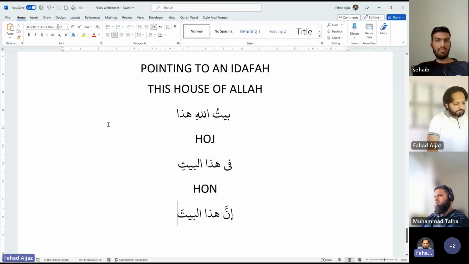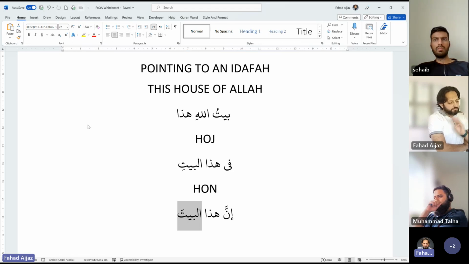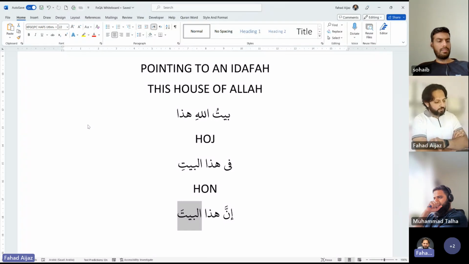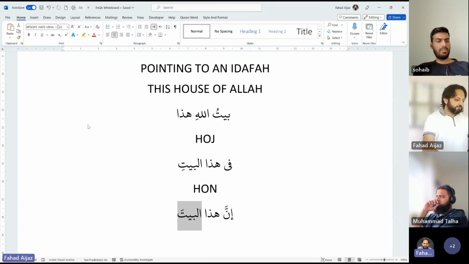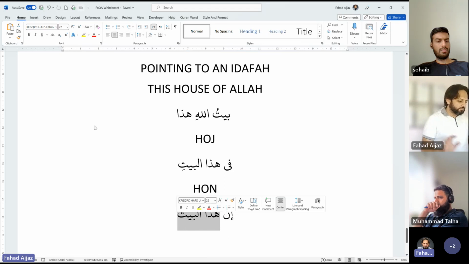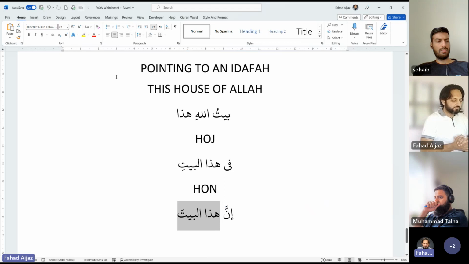The status of al bayt depends on haza, not on inna, right? Because for a pointer fragment, the four properties must match. So you have an ism that must match with the pointer properties, not with anything else. Do we agree that haza al bayt is a pointer fragment? Yes.